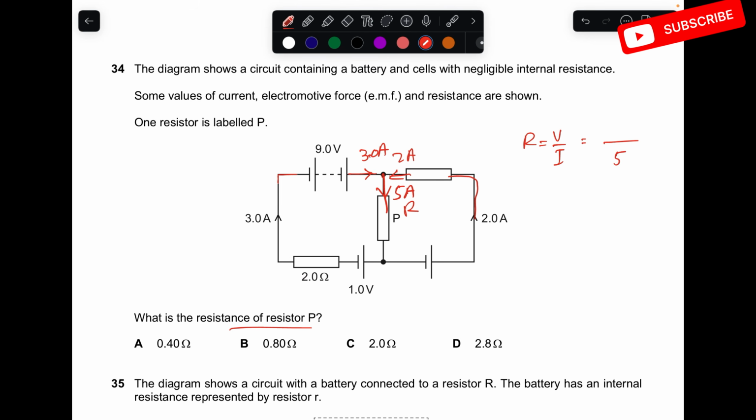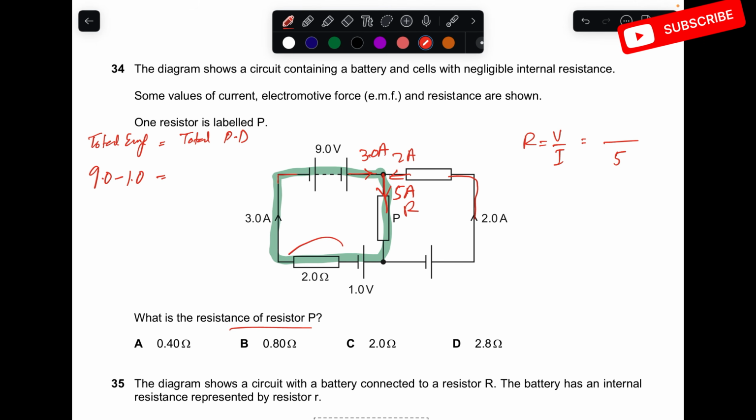I need voltage. I have two different loops. I'm going to choose this one because there we have the data. Total EMF should equal total potential difference, Kirchhoff's second rule. But if you see, this positive terminal is with the positive terminal of this EMF, so they will be subtracted. So it will be 9.0 minus 1.0. This total EMF should equal the total potential difference.